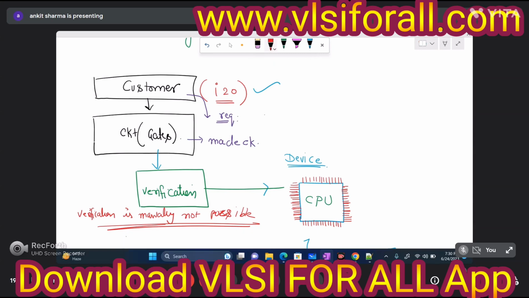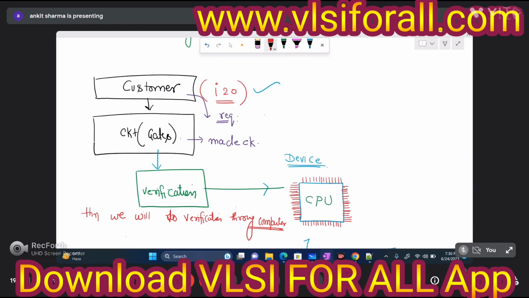Now if something is not possible manually, what is the next step? The next step is to take help from the computer. So here the option is that we will do verification through the computer.